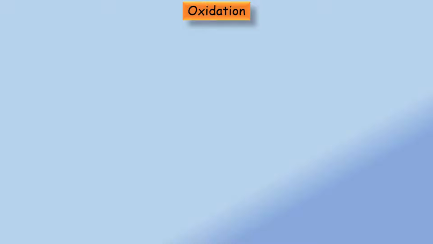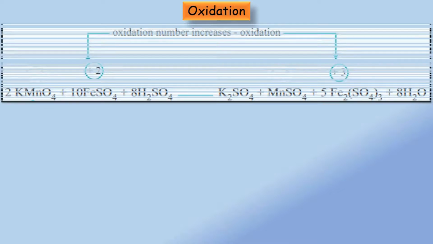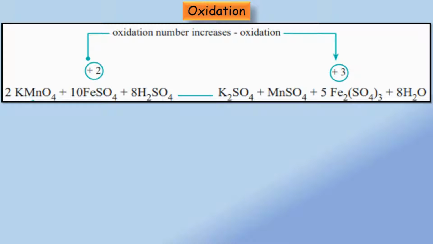We have seen just now that potassium permanganate is a chemical oxidant. Now, have a look at this reaction. Here, as you can see, potassium permanganate plus 10 FeSO4 plus 8 H2SO4 gives K2SO4 plus MnSO4 plus 5 Fe2(SO4)3 plus 8 H2O.